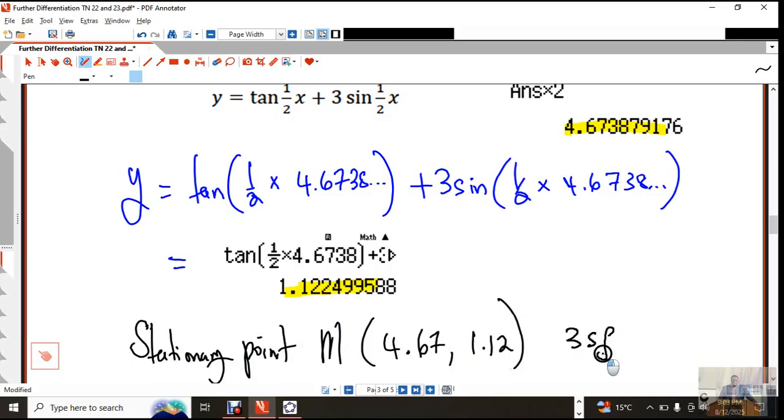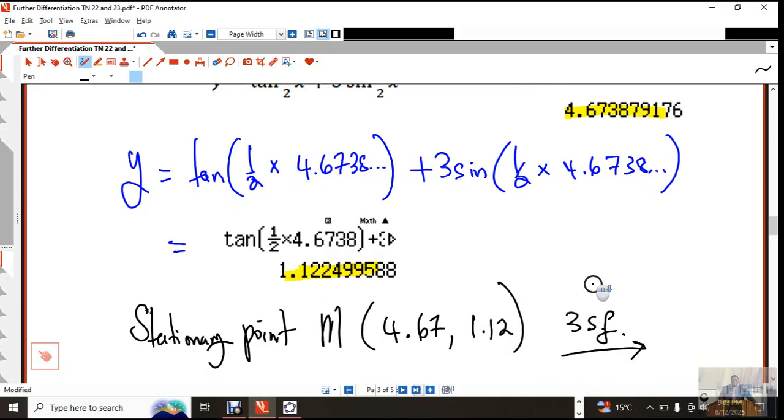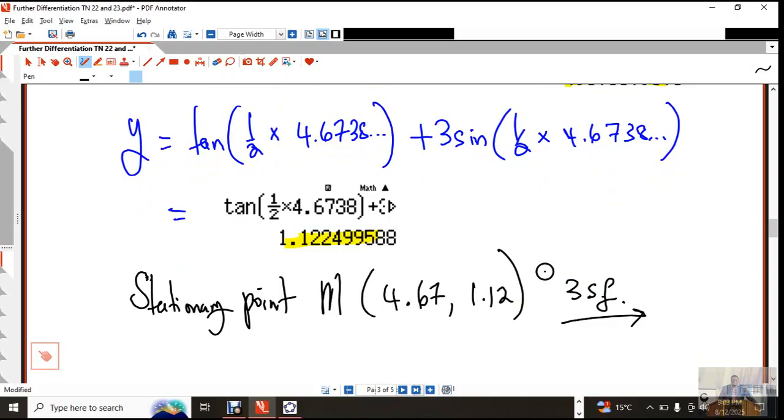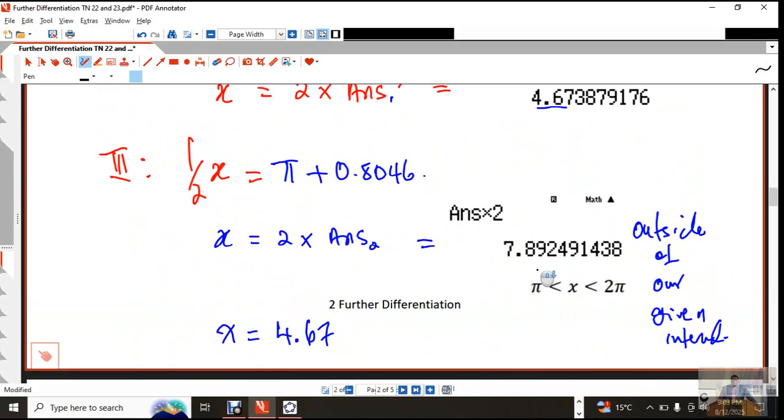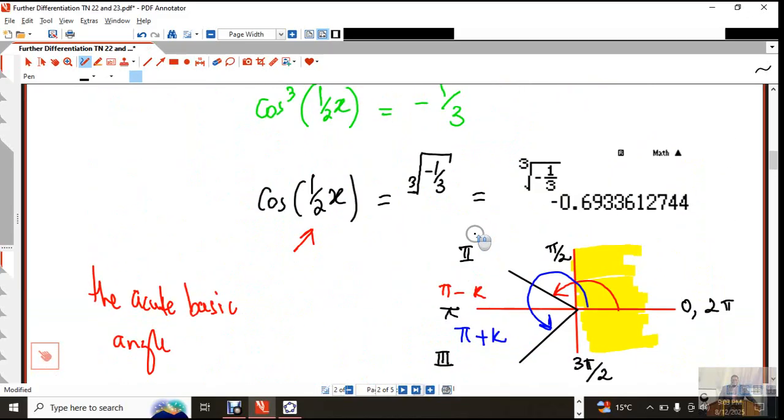All of this correct to 3 significant figures. Good. I hope it definitely gave you some sort of assistance to do these type of questions.